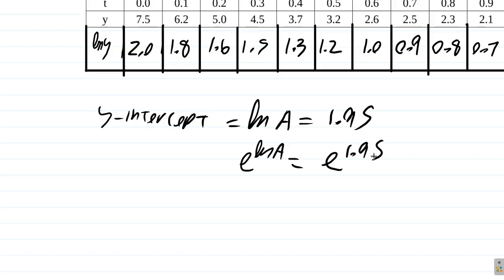So it's an anti-log. e to the ln of a number gives the number, so A is equal to e to the 1.95. What is e to the 1.95? Let me just do it off screen on my calculator. About 7, I'll call it 7. A is equal to 7.